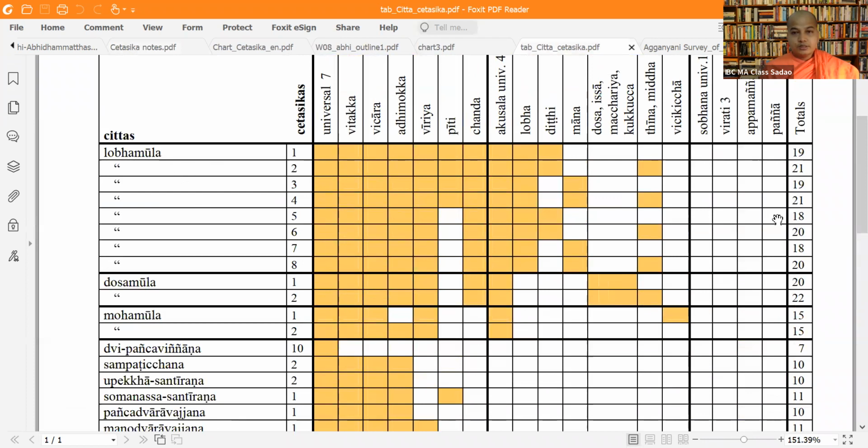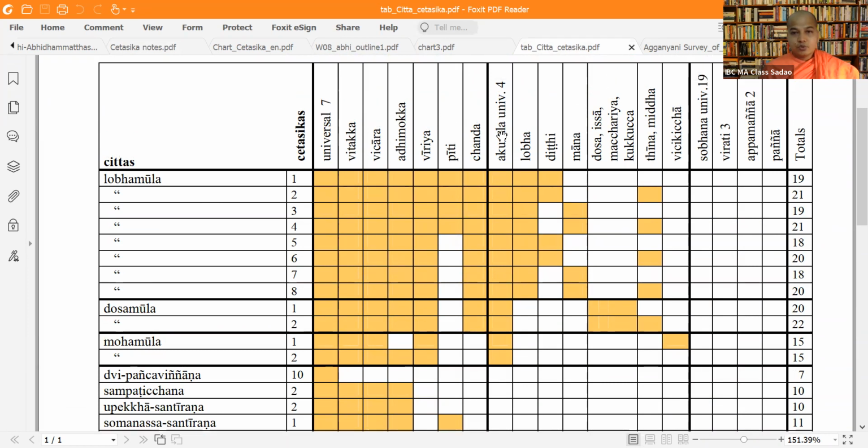In the first one, Lobhamula Chitta, you have 19 Chaitasikas present. You can see it very clearly here: 7 universals, Vitakka, Vichara, Adimukha, Viriya, Piti, Chanda, and then 4 Akusala universals, Lobha, Ditthi. So all these are present, 19 altogether. The second one, all these plus Thina and Middha, therefore 21.